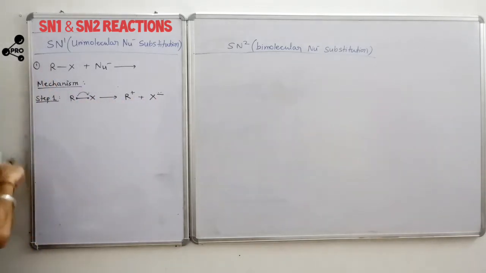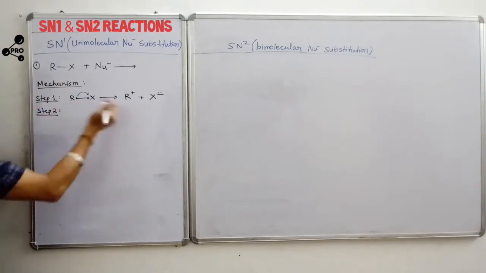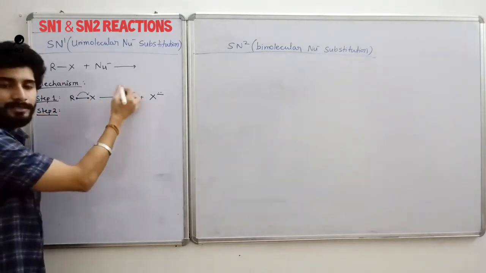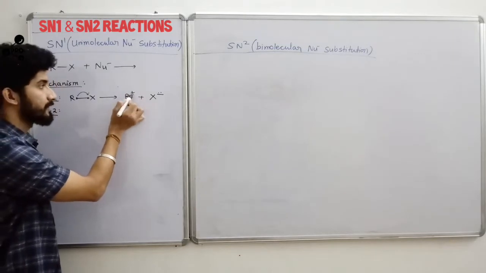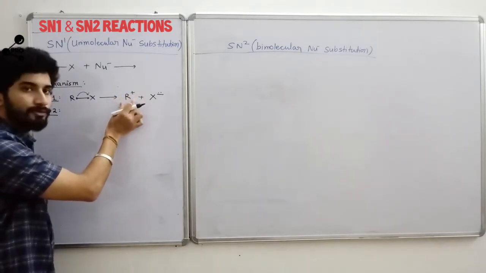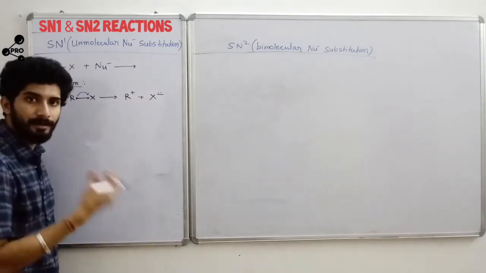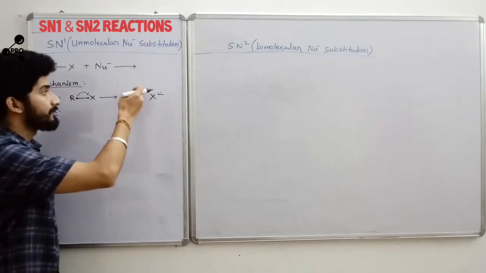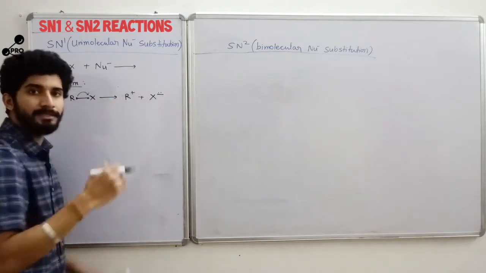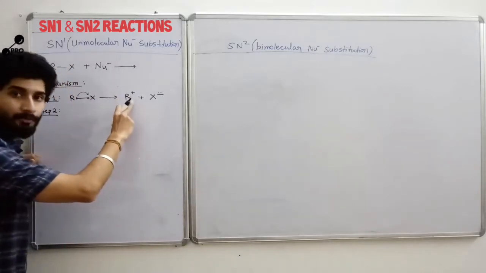Now step 2, what will happen? This is known as a carbocation, because the positive charge is present on the carbon. The alkyl part is just a carbon carrying a positive charge, which means it is a carbocation.